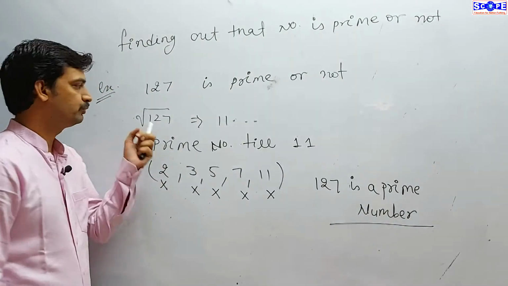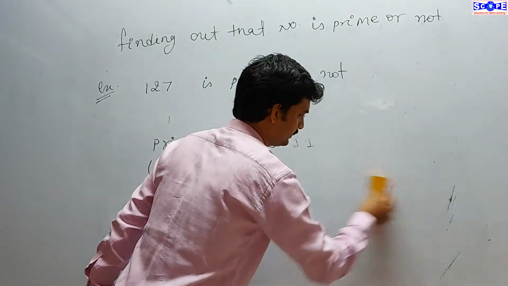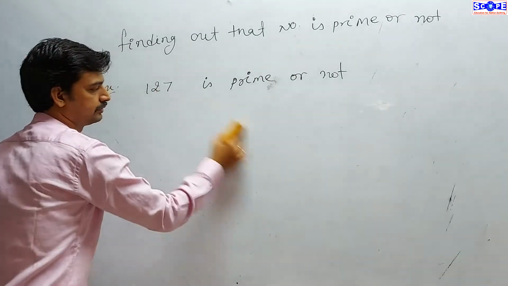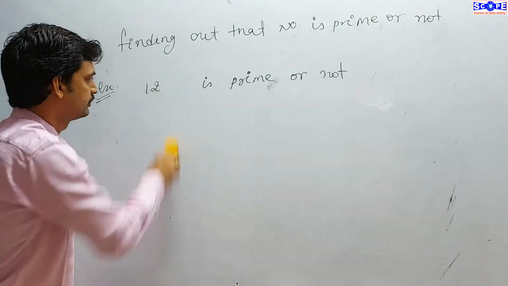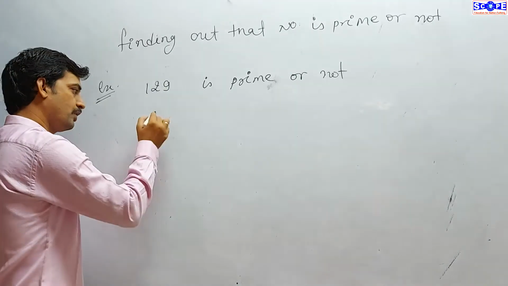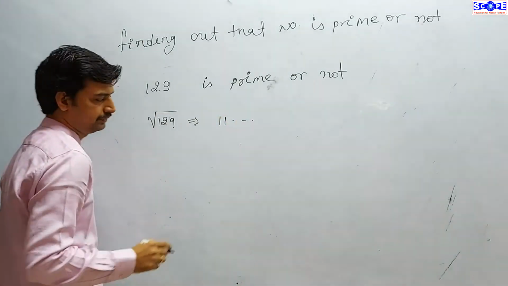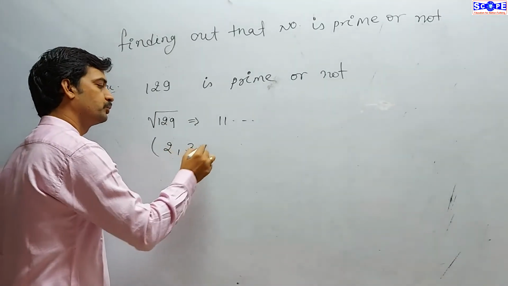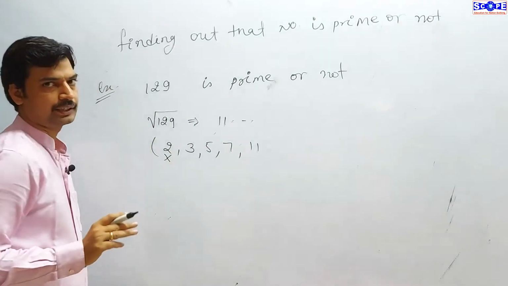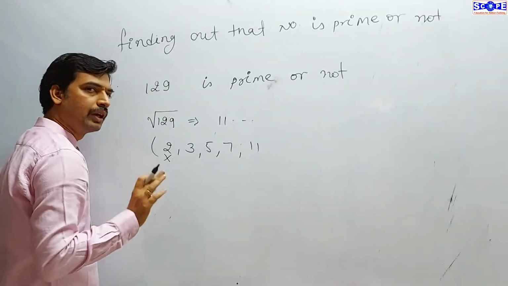If in place of 127 we write 129, one more example I am taking. This is 129. So the square root of 129 is 11 point something. Prime numbers till 11 are 2, 3, 5, 7 and 11. So you need not divide it by 2 anytime. For 3, the sum of the digits is 9 plus 2, 11 plus 1, 12. 12 is divisible by 3.